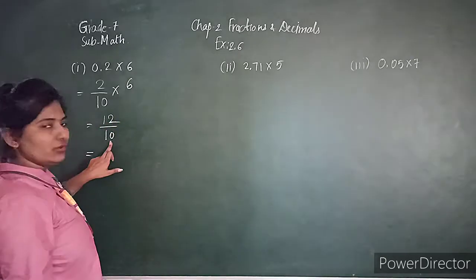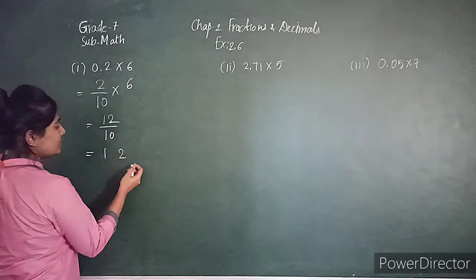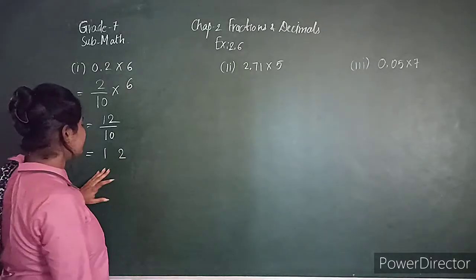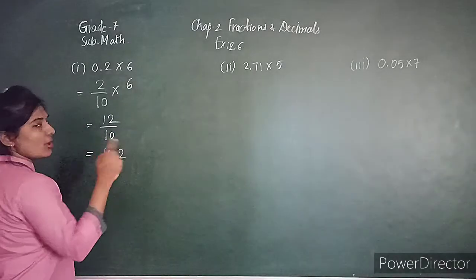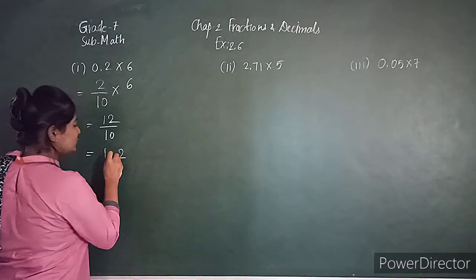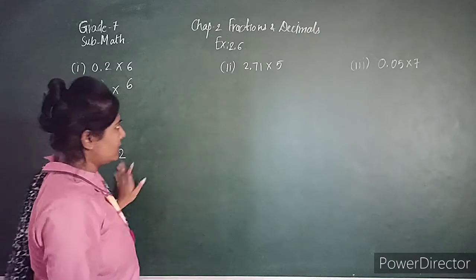Now here 1 0 is there, so we have to put the point before one number. We have to count from the back side. So our answer is 1.2.